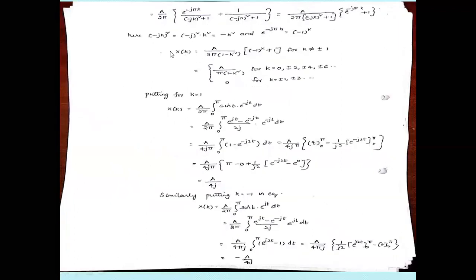After simplifying, you'll get X of k for positive even numbers and odd numbers. Or otherwise, you can find out k equal to 1 and k equal to minus 1.